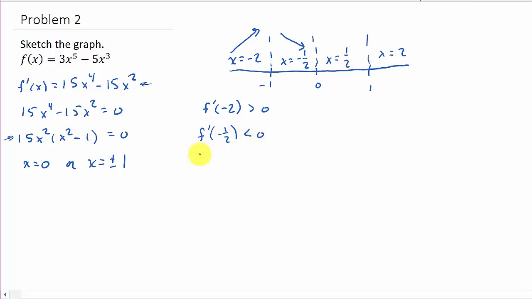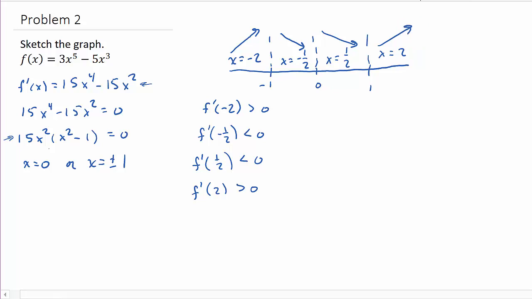And then I've got f prime of 1/2. If I plug the 1/2 in, that's positive out here, and negative in here. So that's less than 0, which means it's decreasing. And then I do f prime of 2. If I plug the 2 in, that's positive, and that's positive in here, so that makes the whole thing positive. So that means it's increasing.